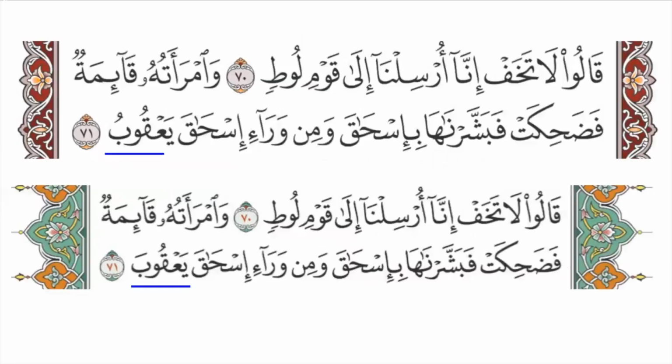So for example, if I'm reading with the qira'ah of Asim, Shu'ba reads one way and Hafs reads one way. So Hafs says, وَمِن وَرَاءِ إِسْحَاقَ يَعْقُوبَ with fatha. And if I stop, I can't do Raum or Ishmam. I just have to stop and say Ya'qub. And suppose I want to now show the person how does Shu'ba read.